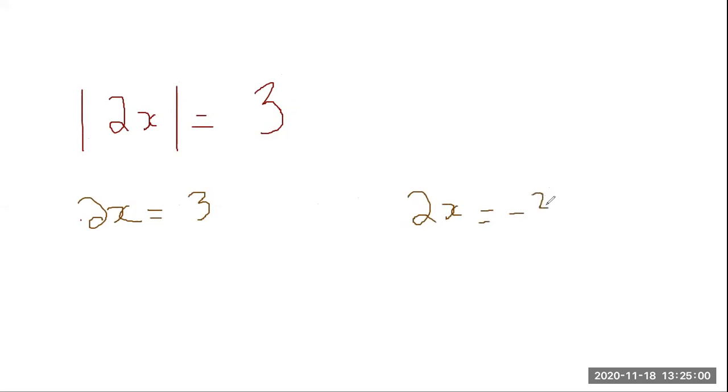And then I'll go through and solve that. So x is equal to 3 over 2 and x is equal to negative 3 over 2. All right, so I have that equation, and then I equal it to the positive and the negative of what it's equal to. Simple.